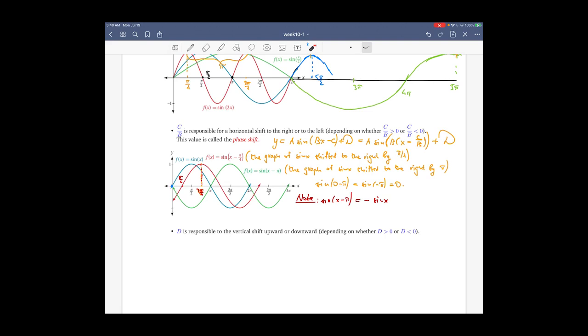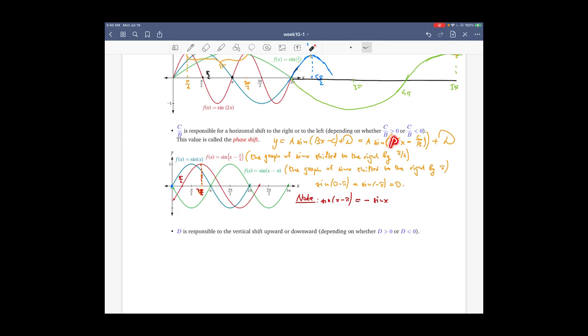It is important, however, to keep in mind that the order in which you make the transformations is important. We agreed a long time ago that it's better to first perform a horizontal stretch or compression and then the horizontal shift.